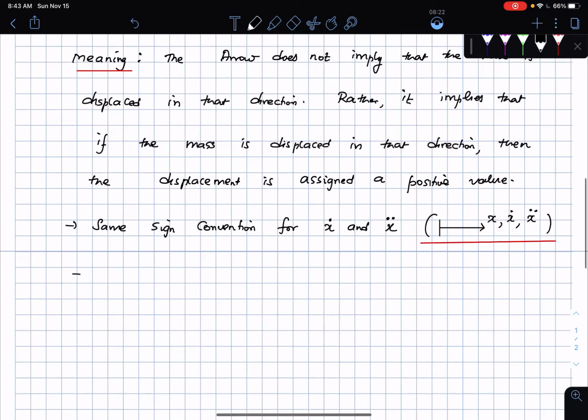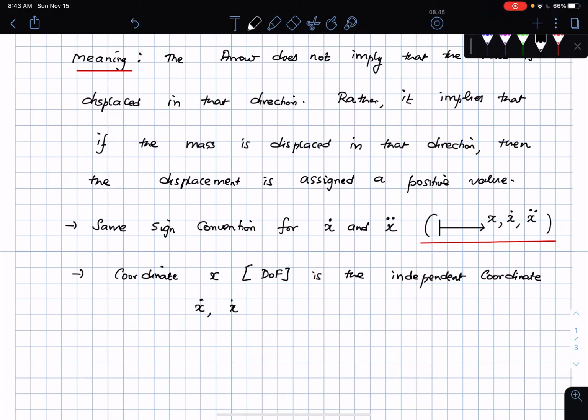And one more thing I want to write is that the coordinate x, or the degree of freedom x, is the independent coordinate. x dot and x double dot are dependent coordinates on x.